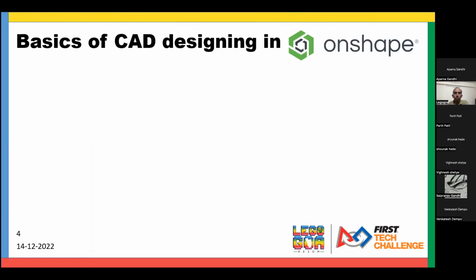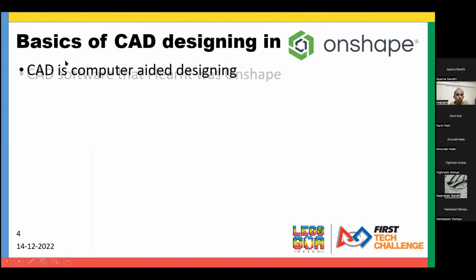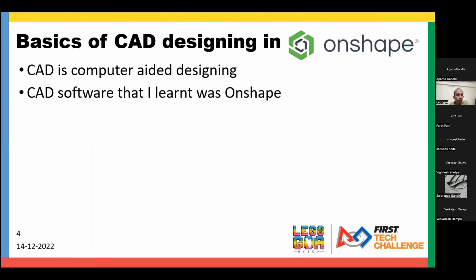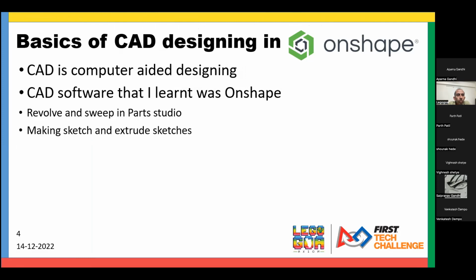Then the first sessions were about basics of CAD designing on Onshape software. CAD is computer-aided designing, and I learned Onshape through the courses conducted by Team Sigma. The features I learned are revolve and sweep in the part studio, making sketches and extruding to make them 3D, and different kinds of mates in the assembly.